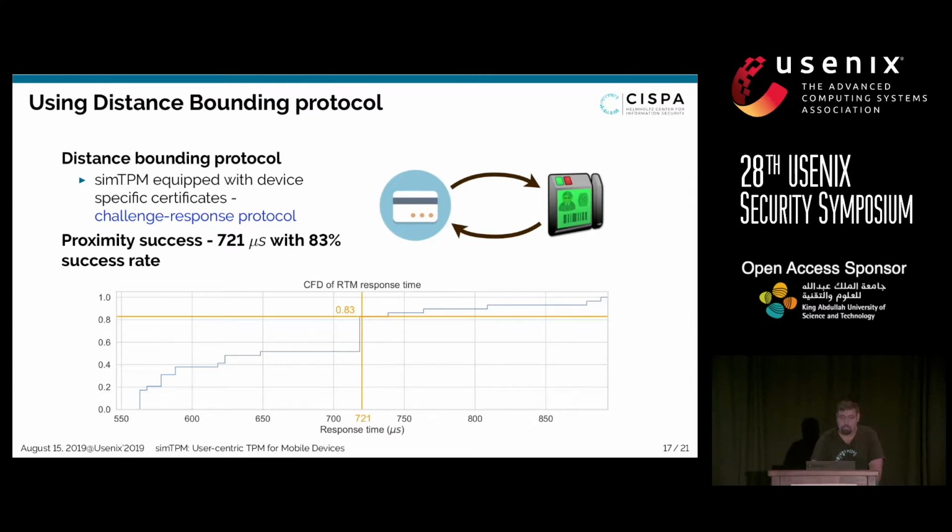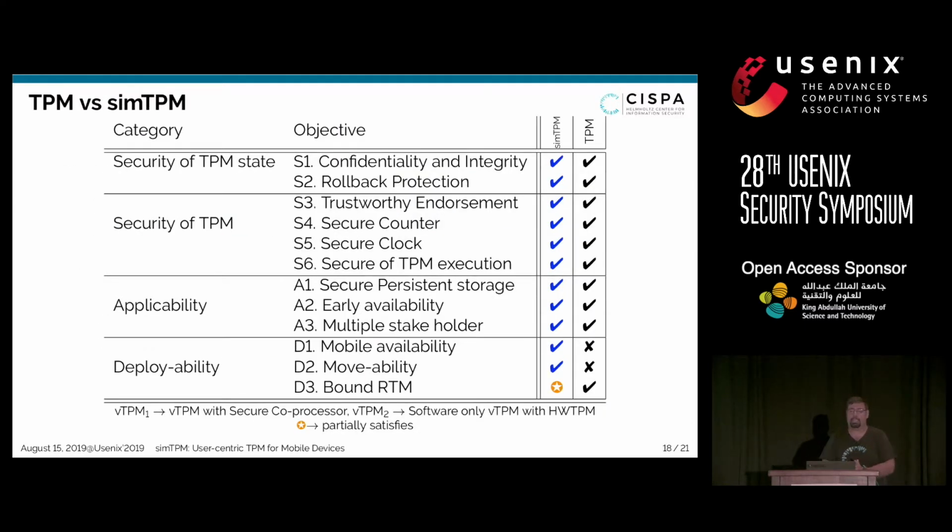So we designed the TPM. We integrated the TPM with the device. At this point, we again went back to our systematization objectives to find out whether we are matching them or not. And there we found that except for the bound RTM, all of the other objectives are met with simTPM.